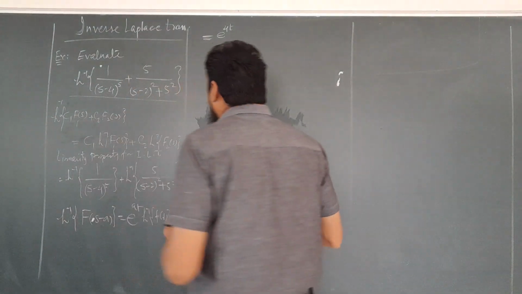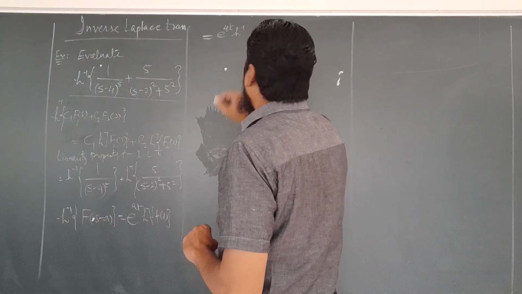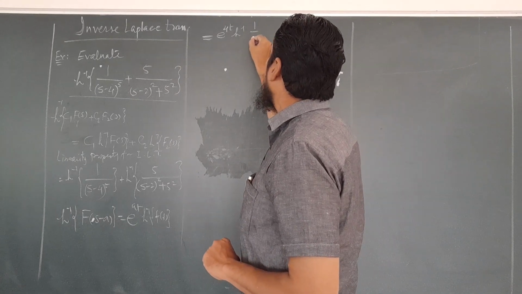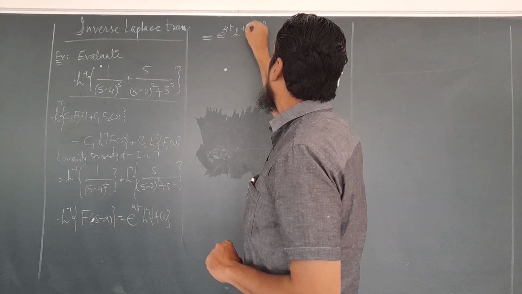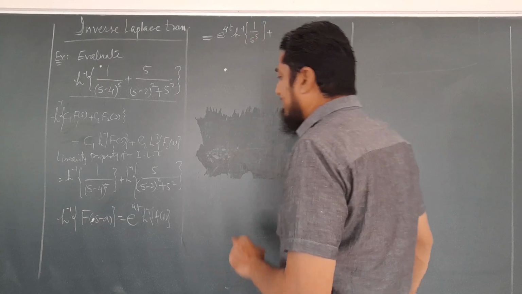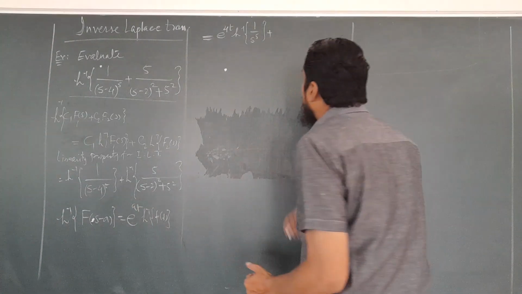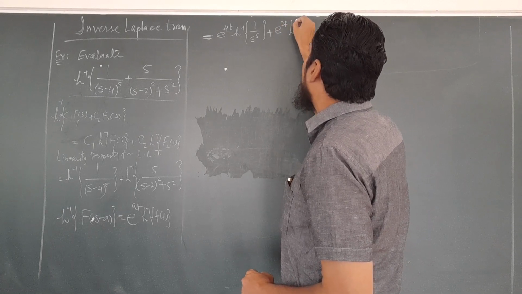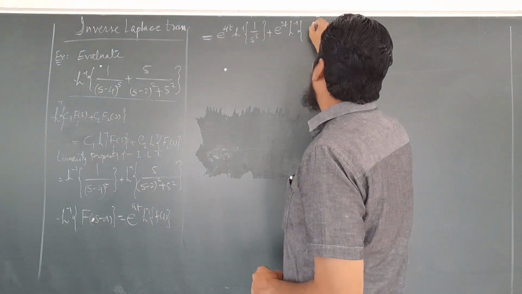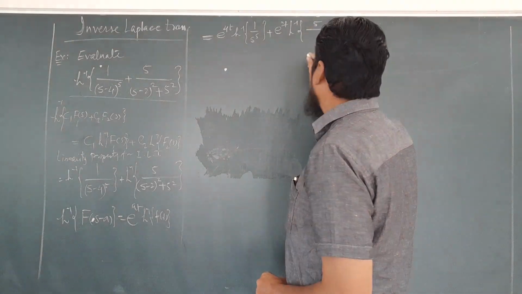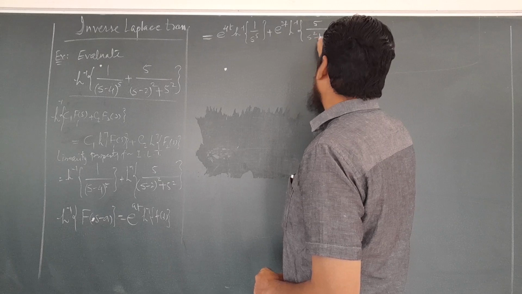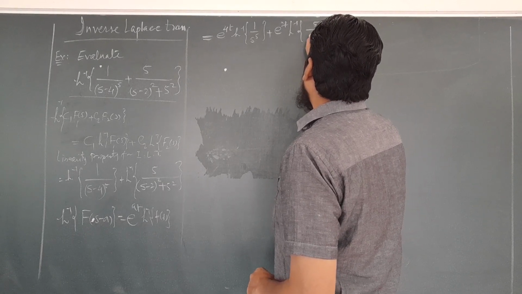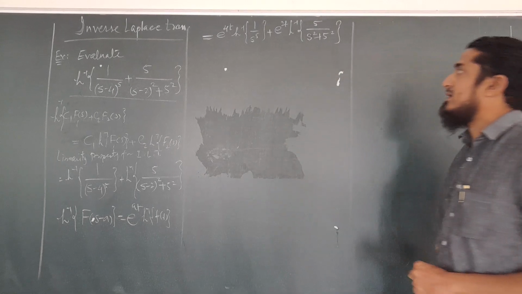Correct? Now the inverse Laplace transform of 1 upon s raised to 5, plus, since we have s minus 2, we can write it as e raised to 2t times the inverse Laplace transform of 5 upon s square plus 5 square. Correct?